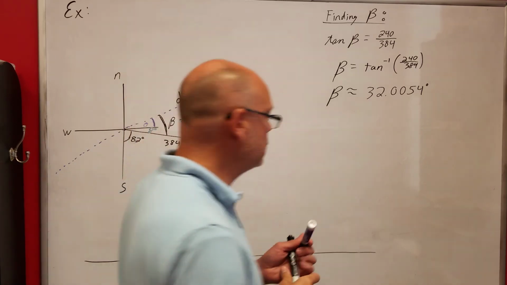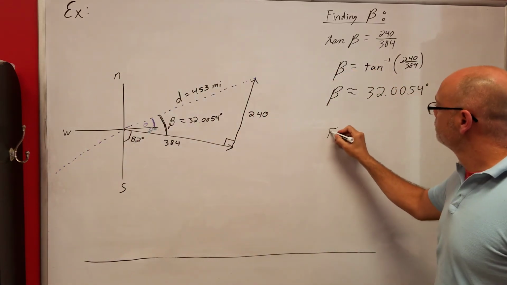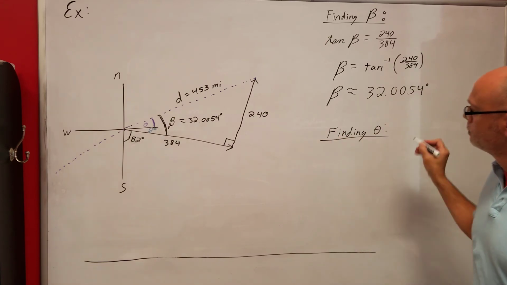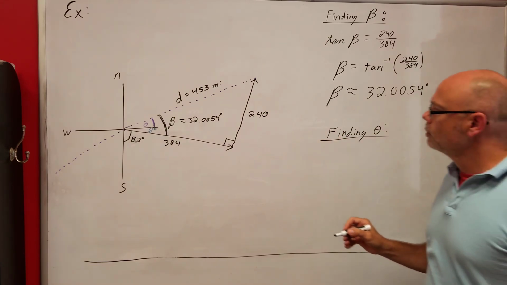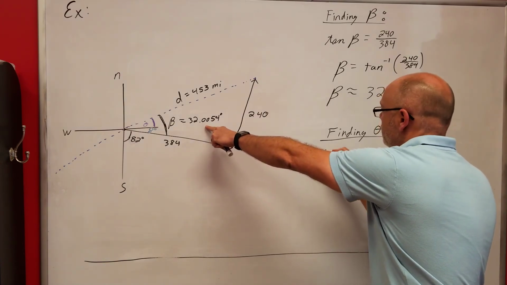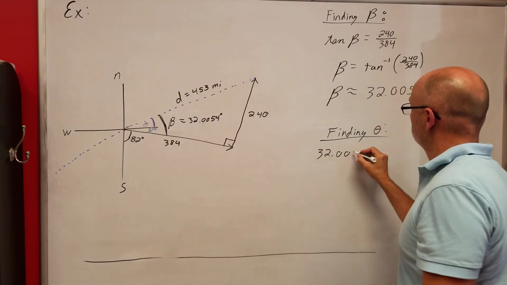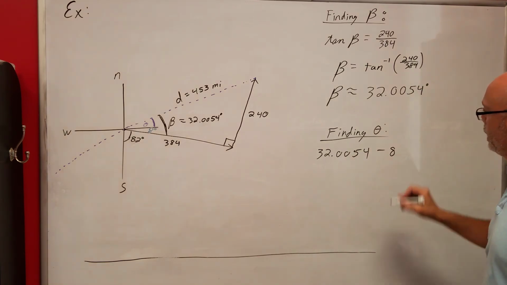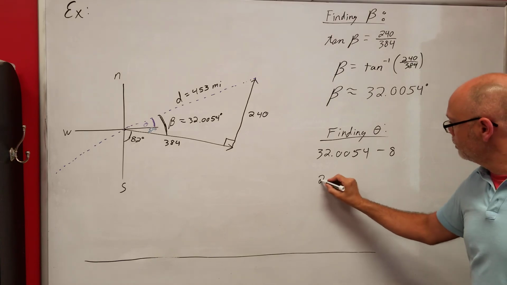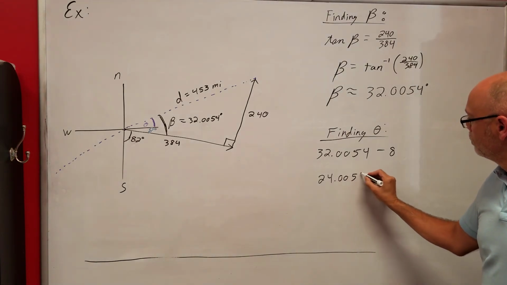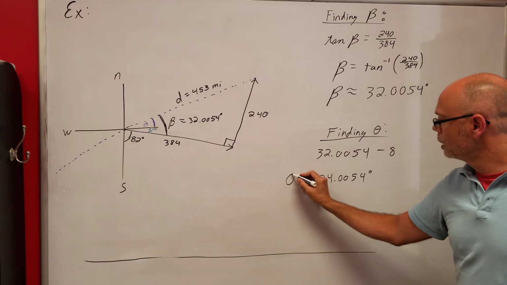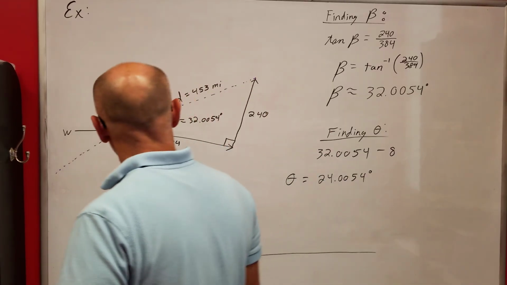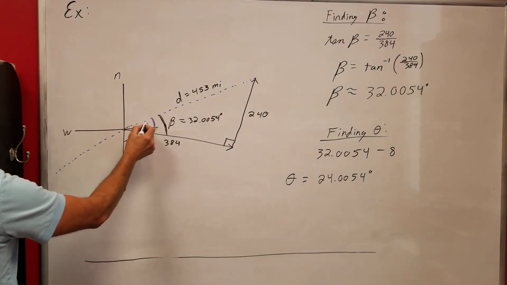So I'm going to be finding theta now. We take the 32.0054 and subtract 8 from that. What does that give me? 24.0054 degrees. So theta right here is 24 degrees basically.